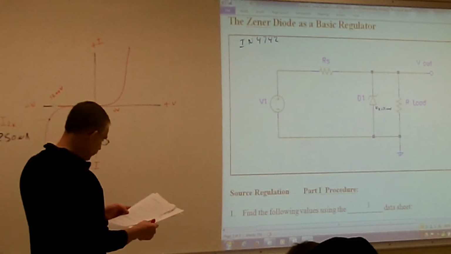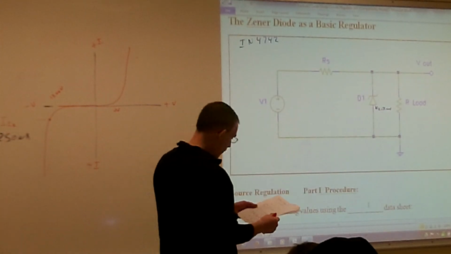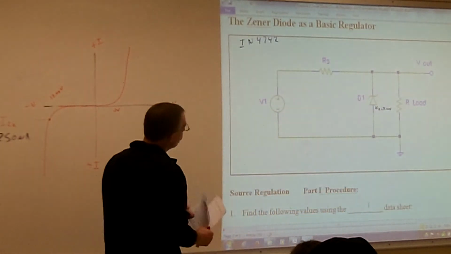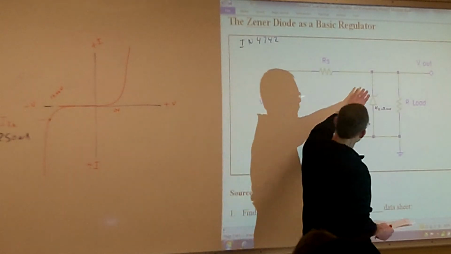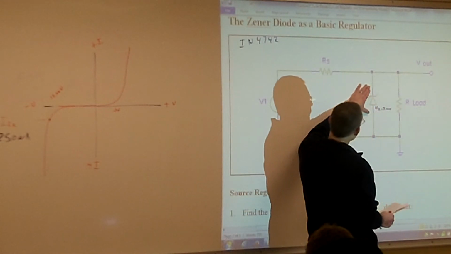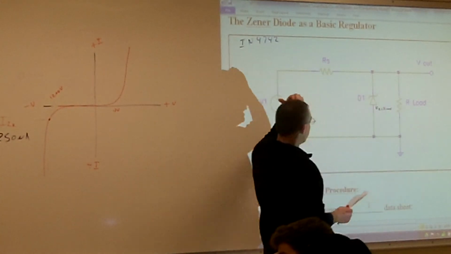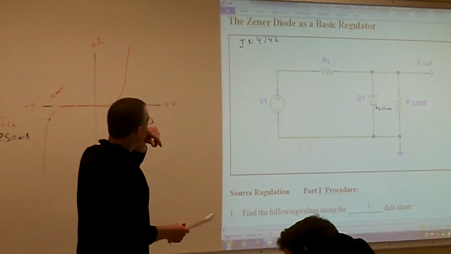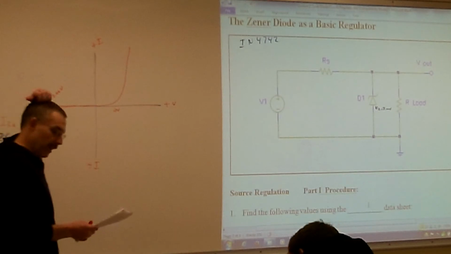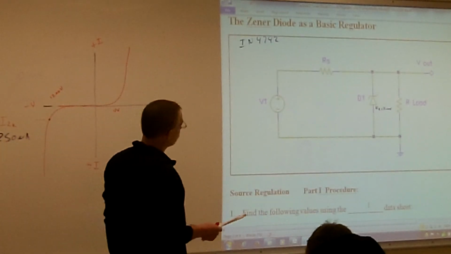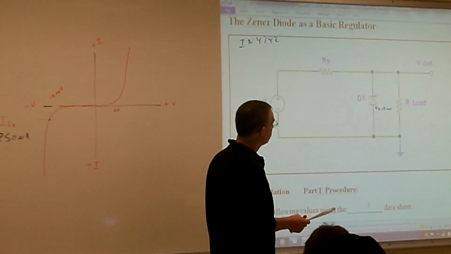Step 2 is going to be my IZ max. What is the maximum amount of current that I can have going through that Zener without damaging it? How much current can I have going through that Zener without damaging it?